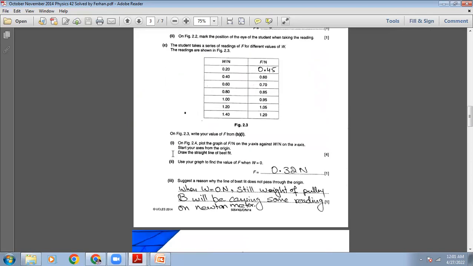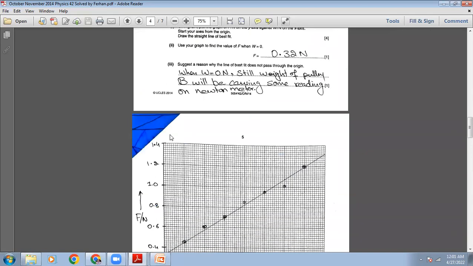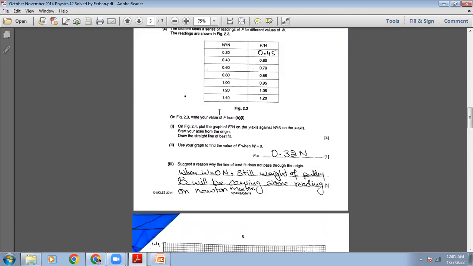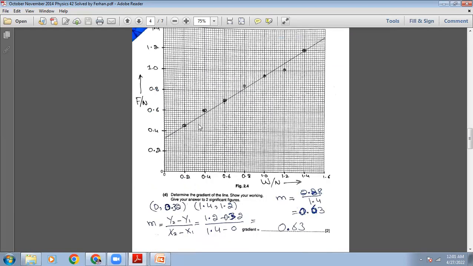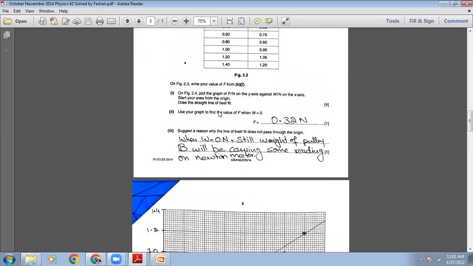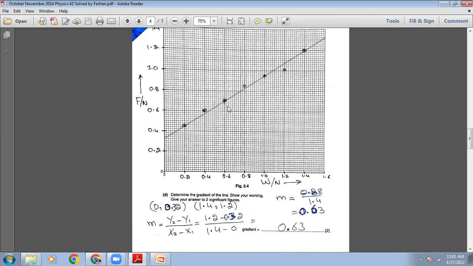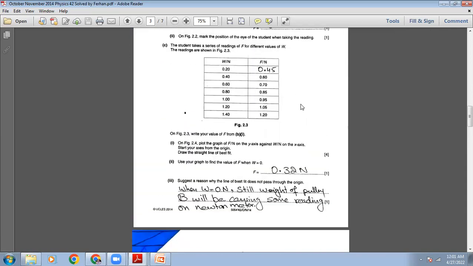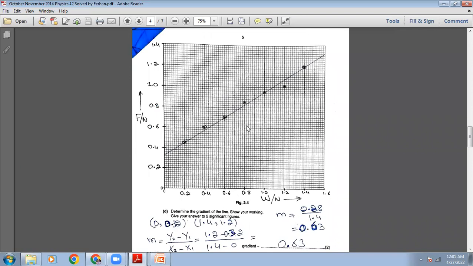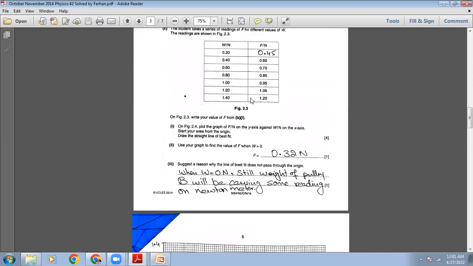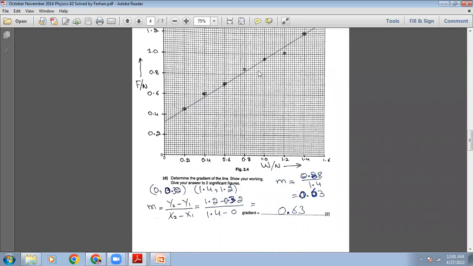Then I plotted the points. At 0.2, 0.45. Then at 0.4, 0.6. Then we have 0.6, 0.7. And then we have 0.8, 0.85. And then at 1, I have 0.95.